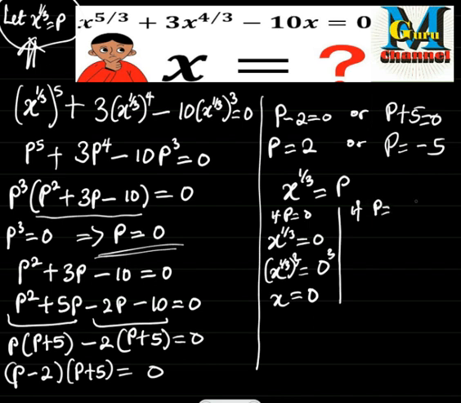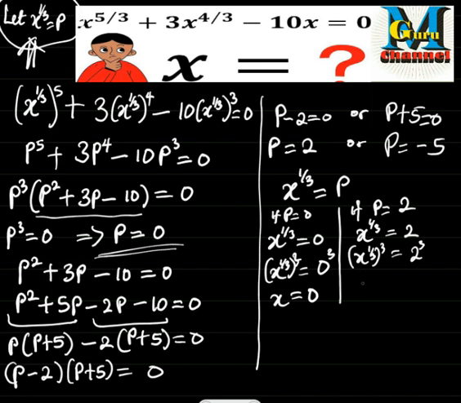Then 2, if p equals 2, then x raised to the power of 1 over 3 equals 2. To find the value of x here, we cube both sides of the equation. We're going to have (x raised to the power of 1 over 3) all cubed equal to 2 cubed.